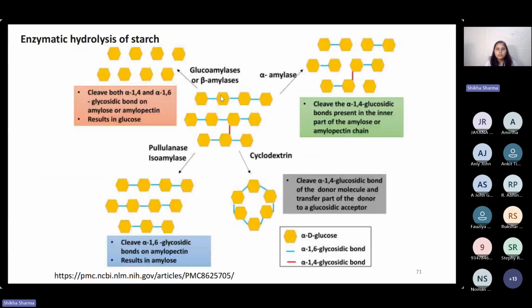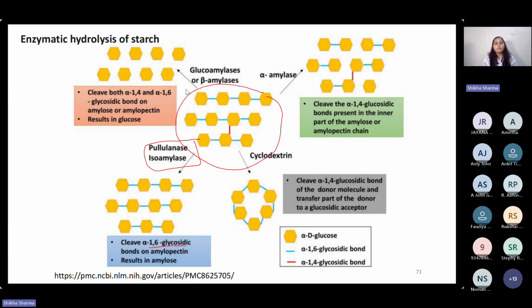So basically, this is the amylose and amylopectin chain. Pullulanase and isoamylase cleave the alpha 1,6 glycosidic bond in amylopectin, so we can get amylose here.